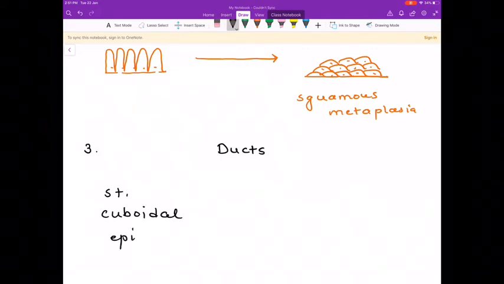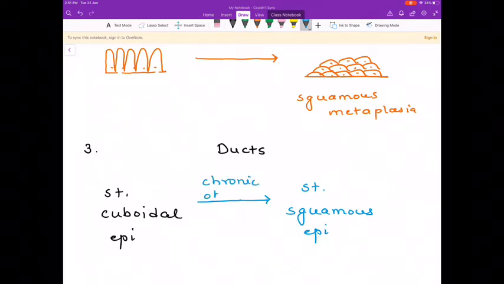If these ducts are exposed to chronic inflammation due to chronic obstruction, for example stone, so chronic obstruction and stones are the cause of metaplasia in the duct. Then this particular epithelium will be converted into stratified squamous epithelium.